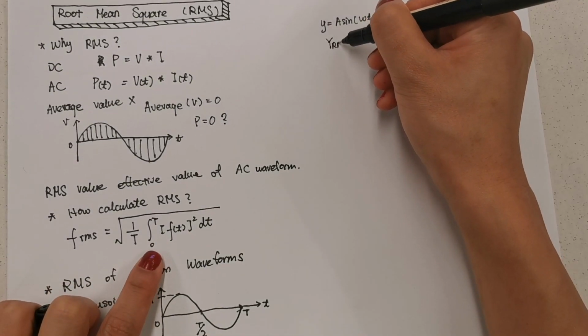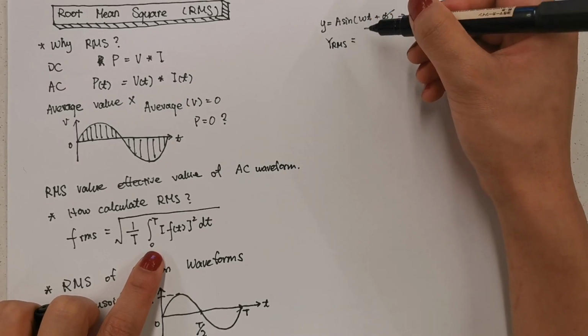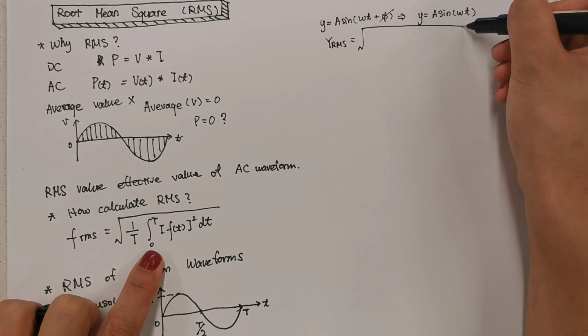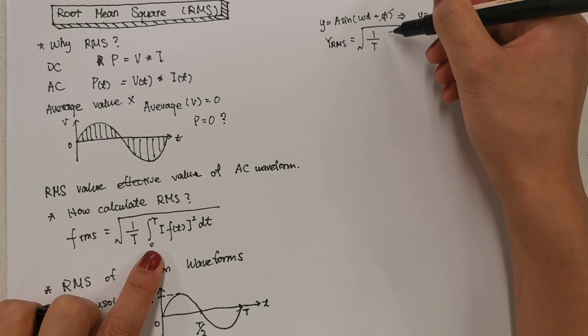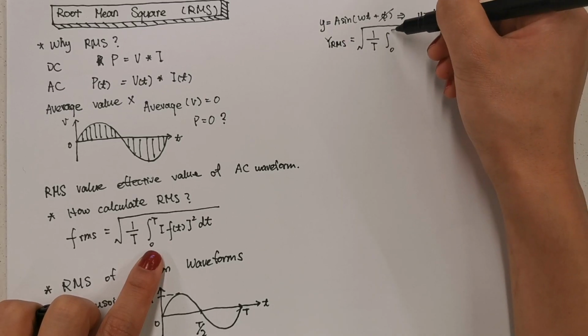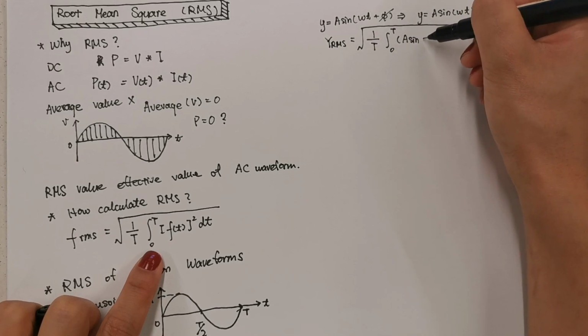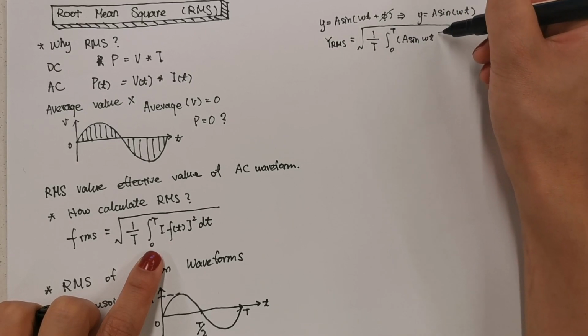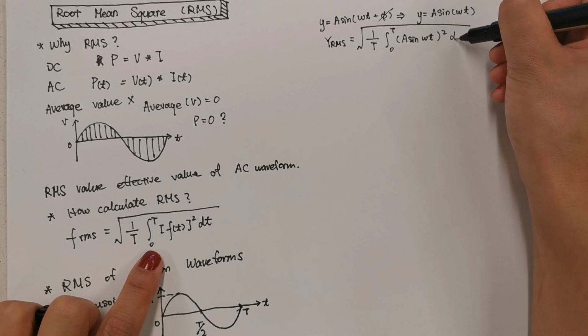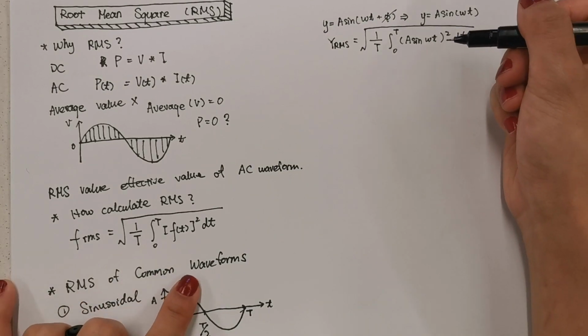Then we put this equation into our definition formula. Our RMS value is the square root of 1 over T, integral from 0 to T of A sine omega t squared, dt, right?